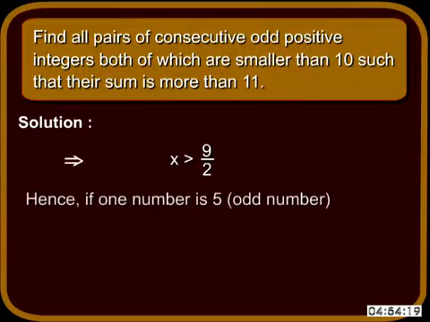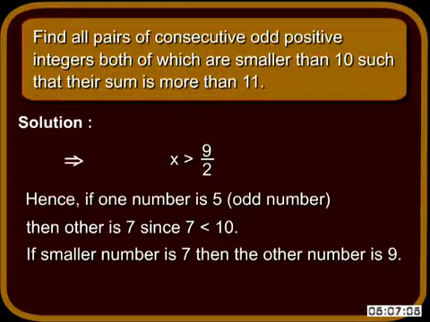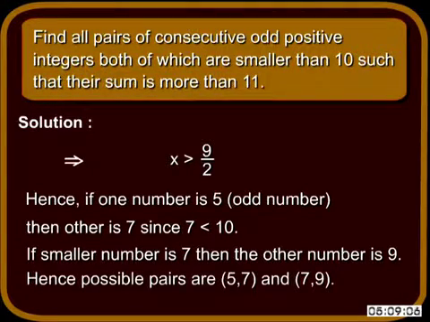Hence, if one number is 5, that is an odd number, then the other is 7, since 7 is less than 10. If the smaller number is 7, then the other number is 9. Hence, possible pairs are (5, 7) and (7, 9).